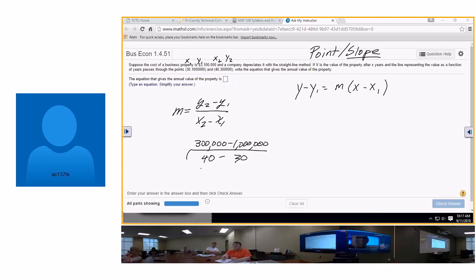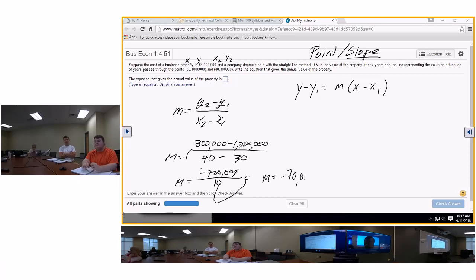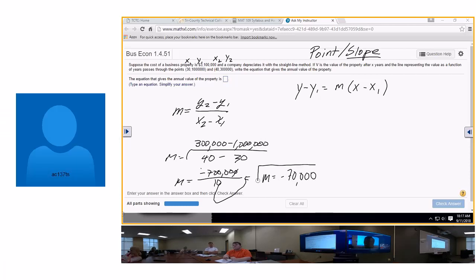What does that come out to be? So 300,000 minus 1 million is negative 700,000, divided by 10, which takes that 0 off, is equal to negative 70,000. Yes, sir, you get negative 70,000. Appreciate the two people that interacted.